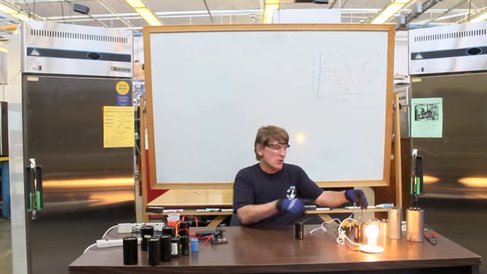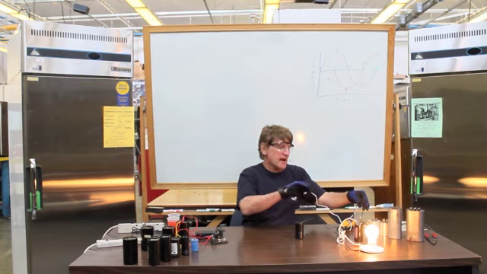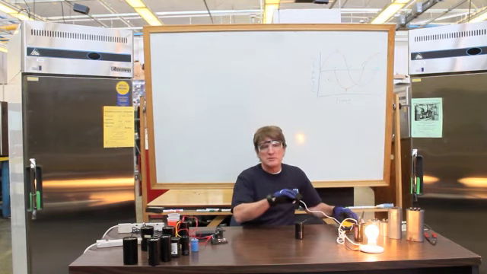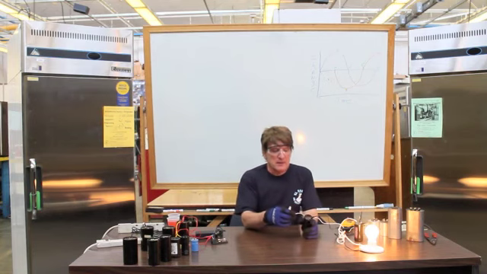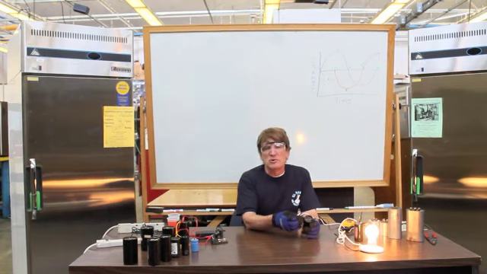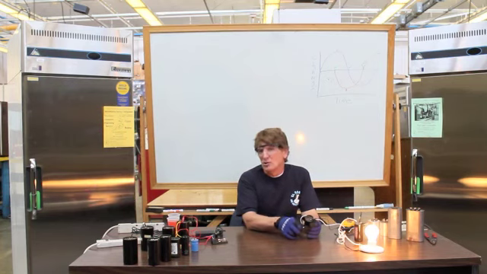This is my hot lead going to the light. I've simply attached another wire to an ammeter so I can see it. Now, if I was to simply touch this to this, if it was a dead short, the light would go out, the circuit breaker would blow, and this would probably catch fire. Kind of cool, but not going to make you very popular.